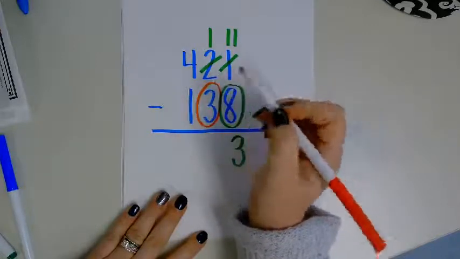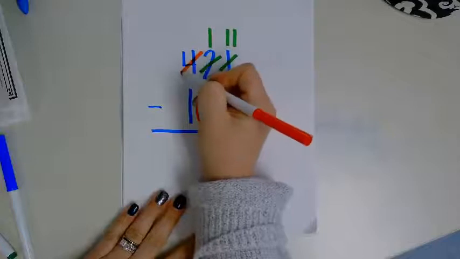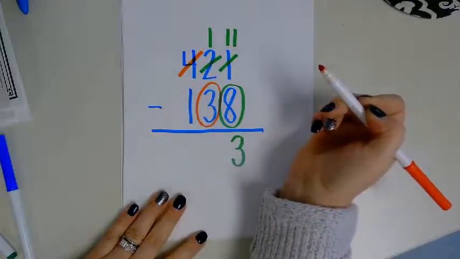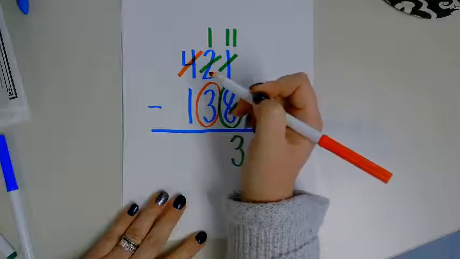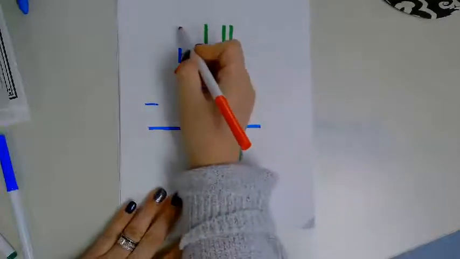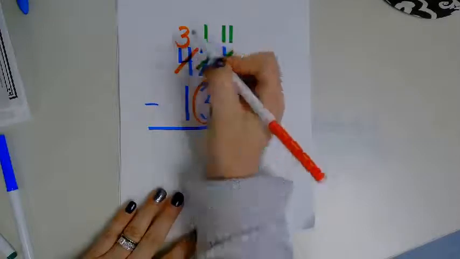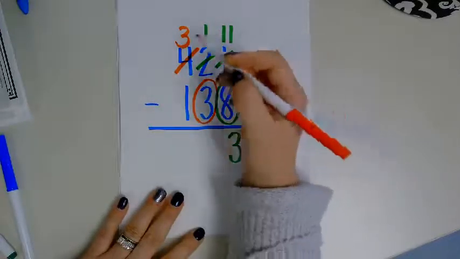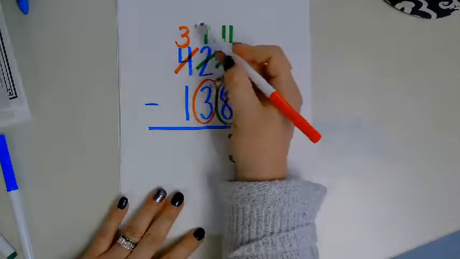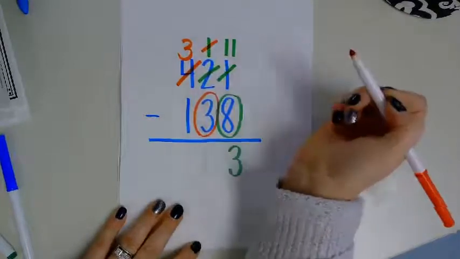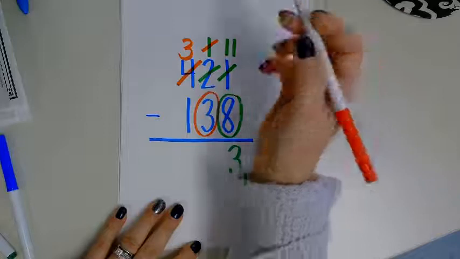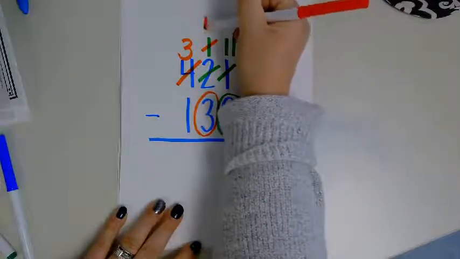So this 4, we're going to take a group of hundreds away, and 1 less than 4 is, good, it's 3. I take the 100 and I turn it into 10 10 sticks. So the one group that I have, you add 10 to it and you get 11.